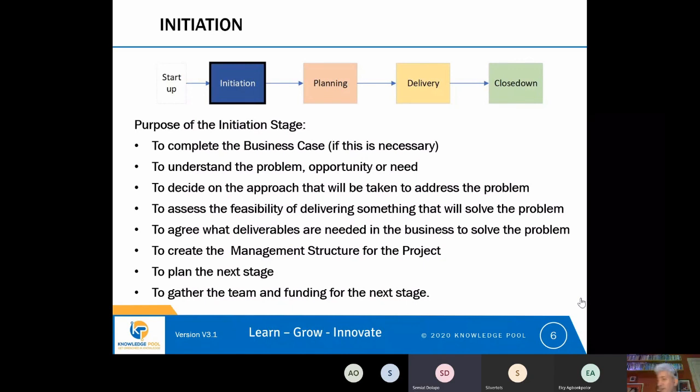Okay, no problem. So just before we move on, can I perhaps just ask one other question of you? So how keen do you think the business will be about the project during the initiation stage? Any thoughts about how it? You don't understand?